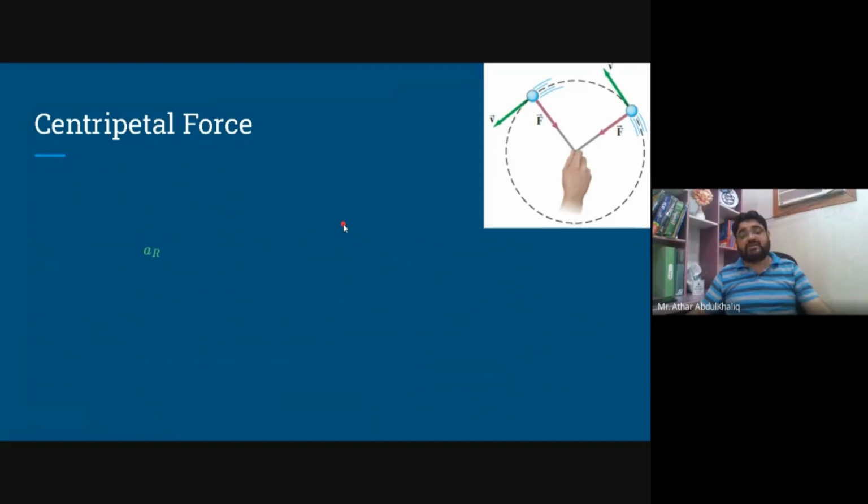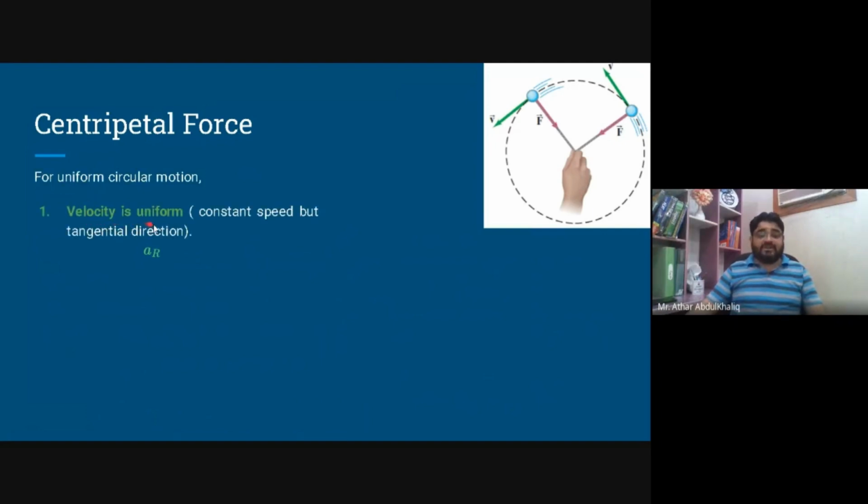So what are the important features of this centripetal force? The first feature: for uniform circular motion, the speed is constant, but its direction is still tangential. If you see this figure, in circular motion, as we studied in the previous topic, the velocity is tangential.